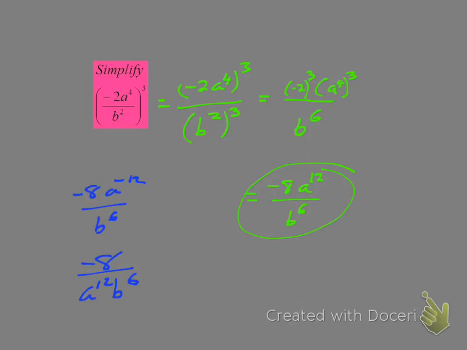Because if it was something like, and then let's throw a C in there, let's make it C squared, the A has to move, but the -8 and that C, they would stay up top. Now I was talking about what if that -8 had a negative power? You got to move that one. Yeah. Okay. Everybody good?